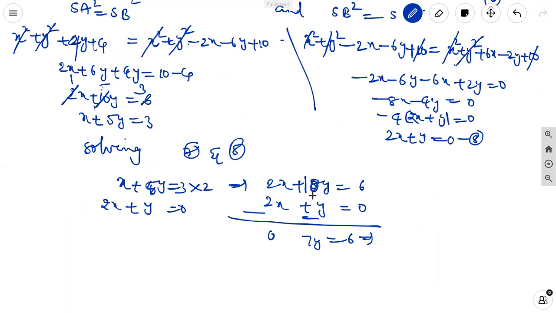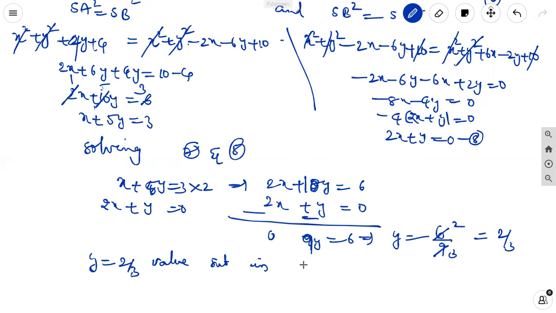It is 10y equal to 6. 9y equal to 6. This is 9y. From this y equal to 6 by 9. 3 2s are 6, 3 3s are 9. 2 by 3 equal to y. So y equal to 2 by 3.